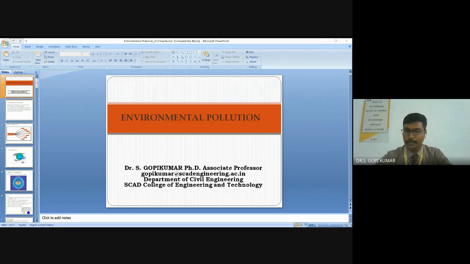Regarding air pollution control, our institution plays a predominant role, as we have a farm. In our farm, a pyrolyzer is there, and it will decompose all the leaves and agricultural residues.